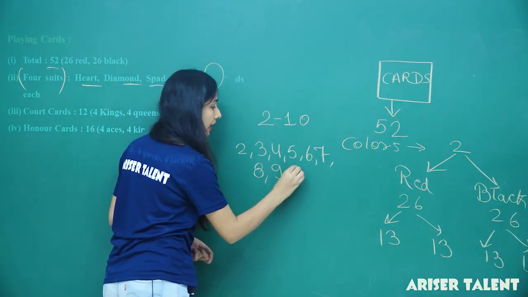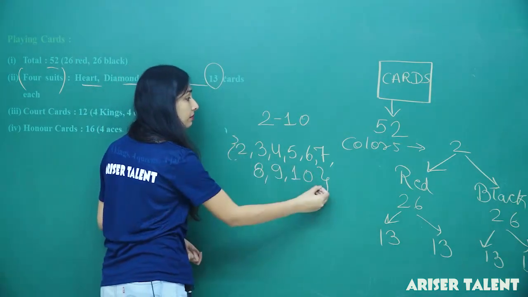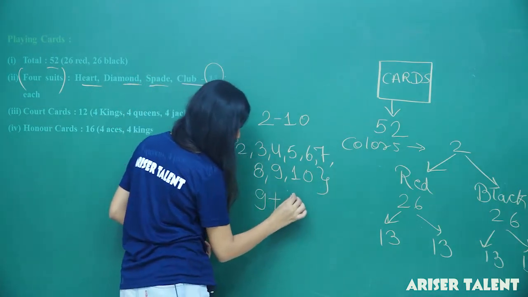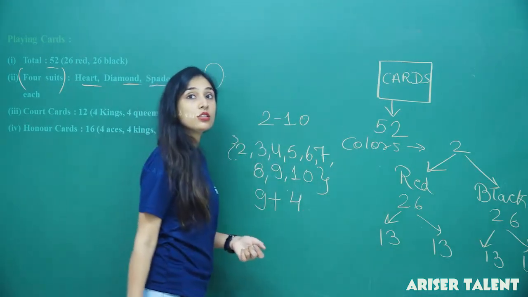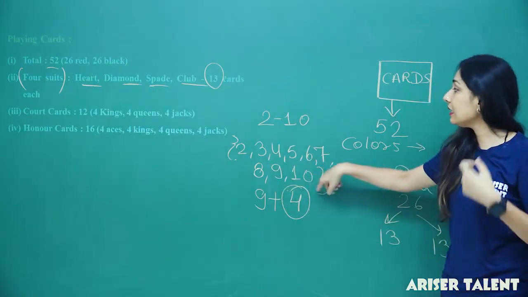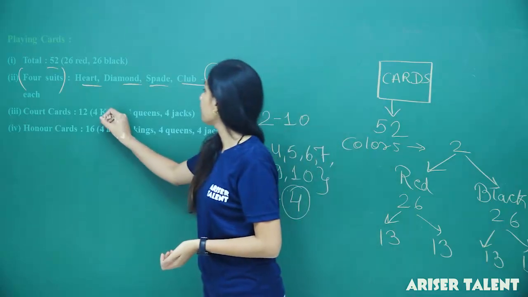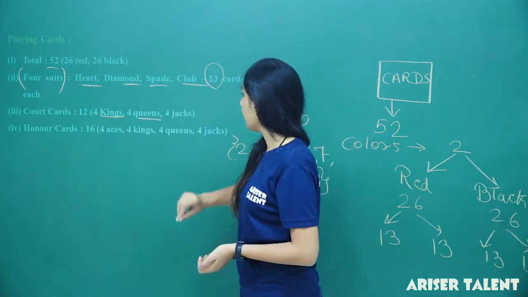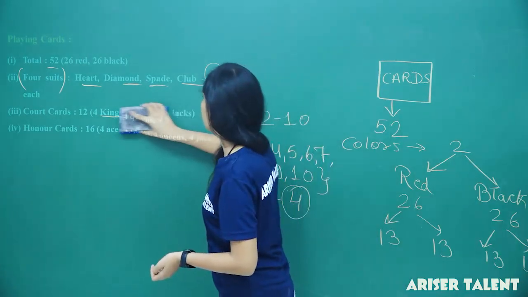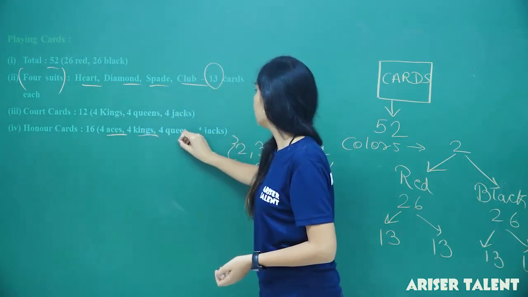8, 9 and 10. But what else do we have? These 9 numbers plus 4. So these 4 are specific ones and these are the numbers. Okay, so these 4 are king, queen, and so on, so this is 1, 2, 3, 4.